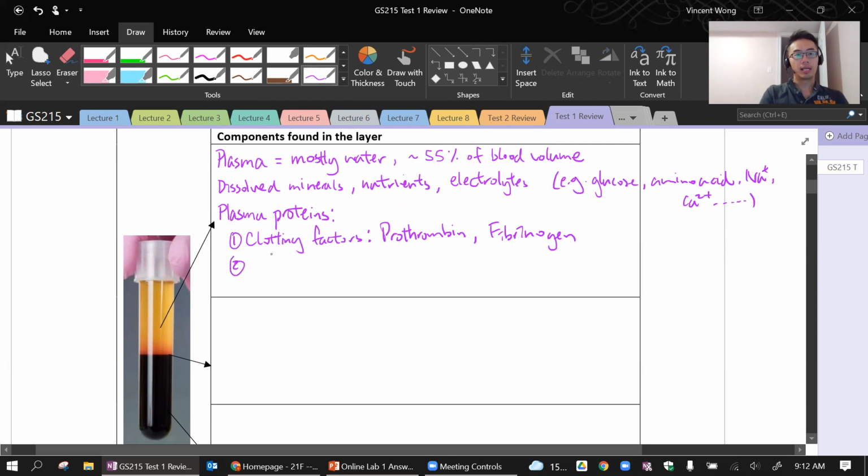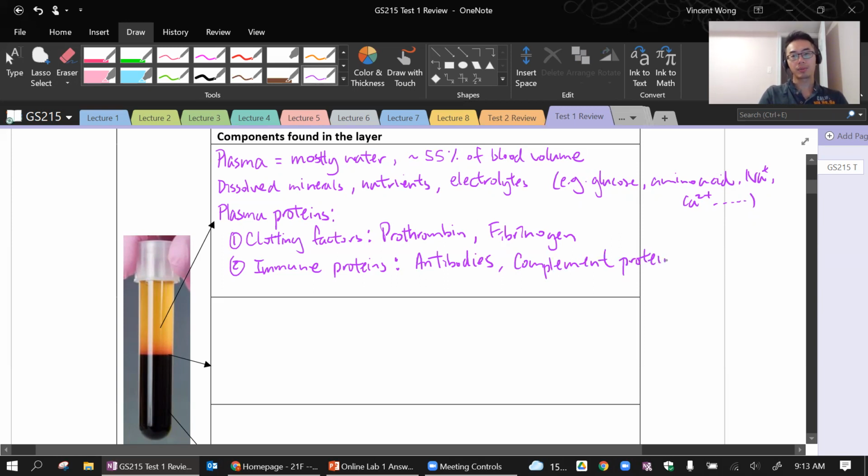Okay. There are also immune proteins. Okay, so we know there are antibodies now, right? There are complement proteins.